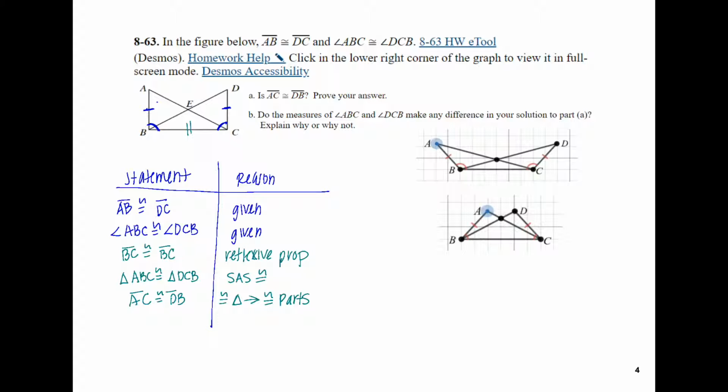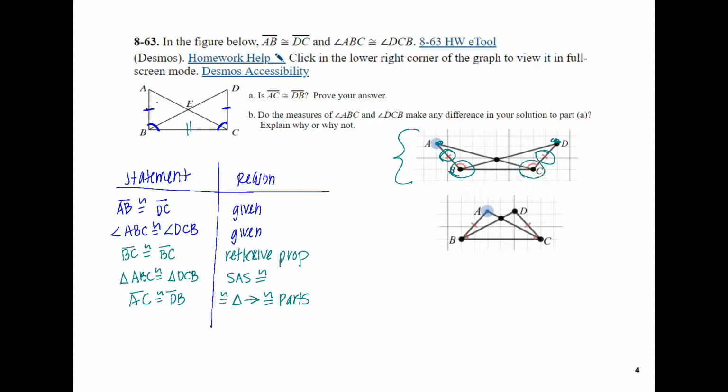Letter B says, do the measures of angle ABC and DCB make any difference in your solution to part A? So looking at the figures, you can see that if we extend A and D out, it makes our angle skinnier, but AB is still congruent to DC.